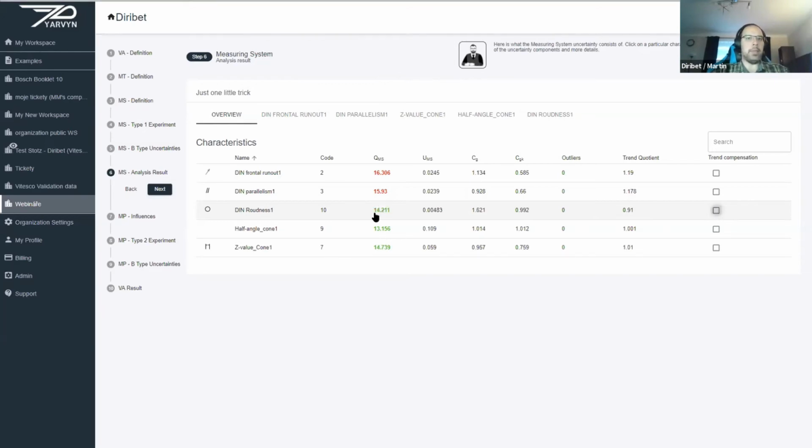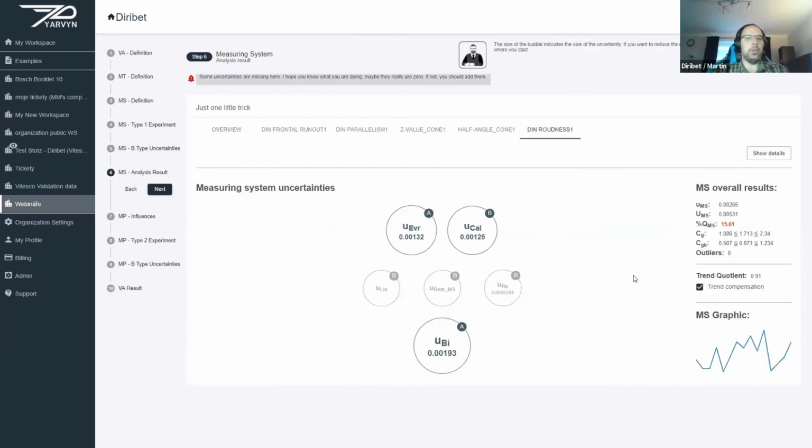And this is due to we have EVR smaller than without the trend compensation, but bias is higher. Because the increase of bias is bigger than decreasing of EVR, that's the reason why we get the worse result in the QMS.